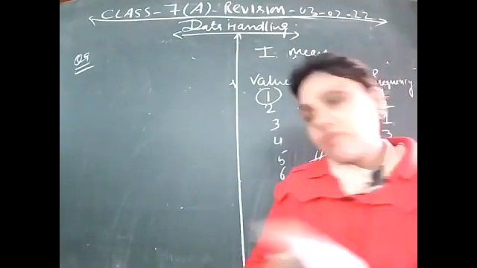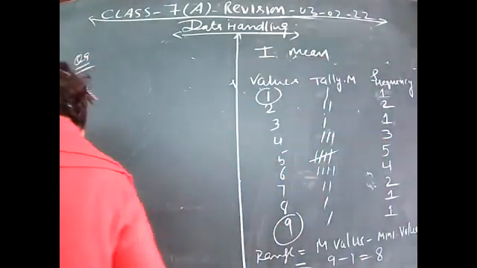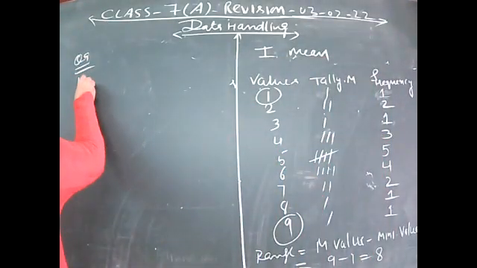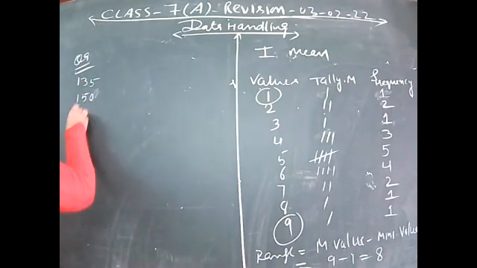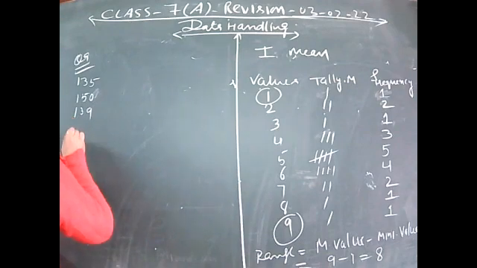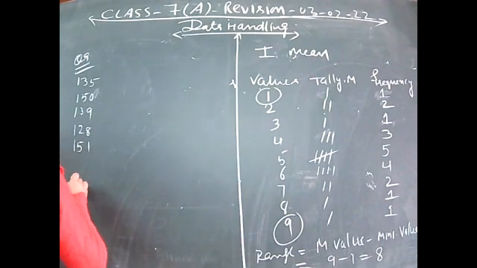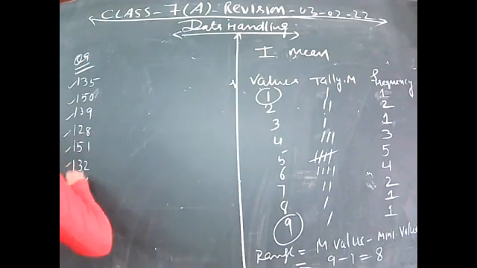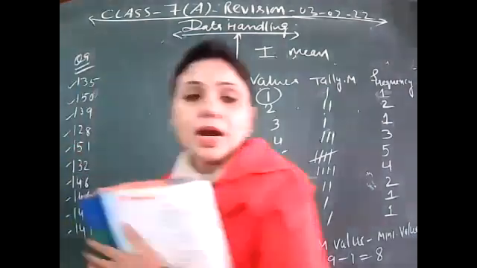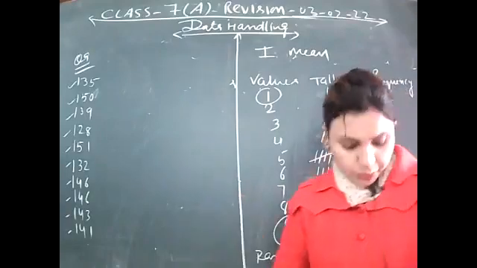You are having heights of 10 girls of your class. 135, 150, 139, 128, 151, 132, 146, 149, 143, 141. ये टोटल 10 होने चाहिए. 10 girls की height का data is provided to you.